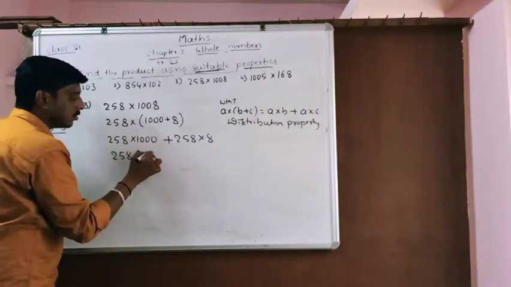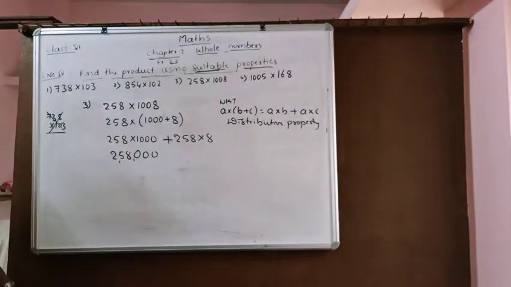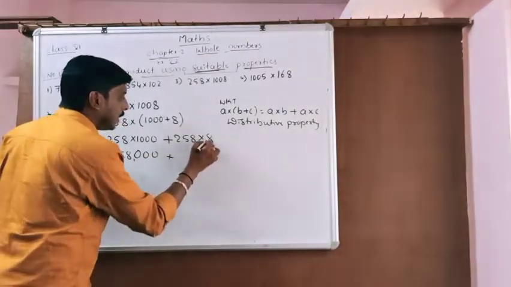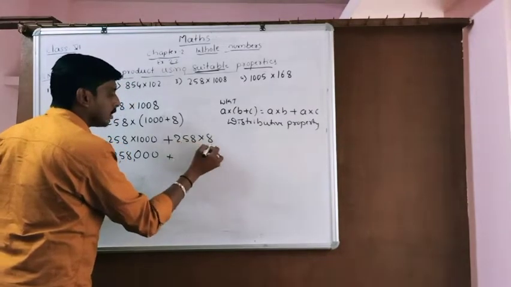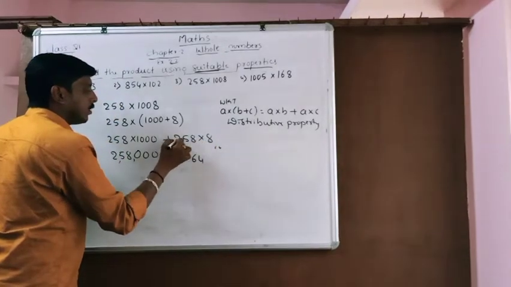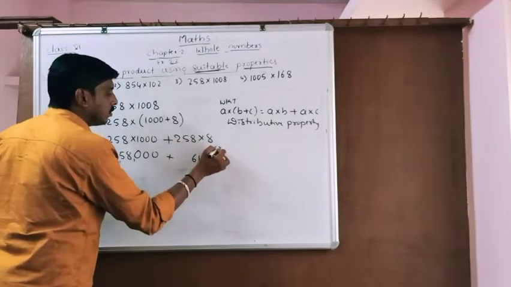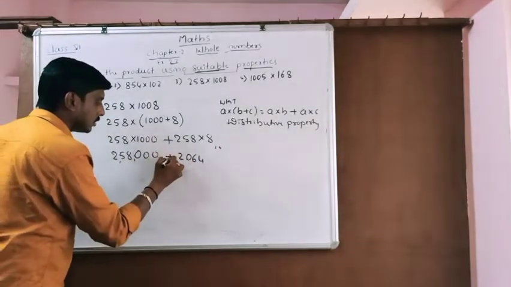Put 3 zeros. Now put the comma. It becomes 2,58,000. Plus 8 8s are 64, 6 carry. 8 5s are 40, 40 plus 6, 46, 4 carry. 8 2s are 16, 16 plus 4, 20. Now just add these two numbers.